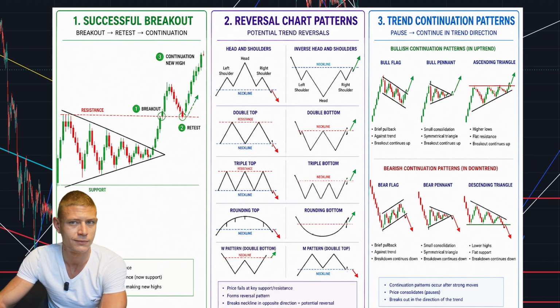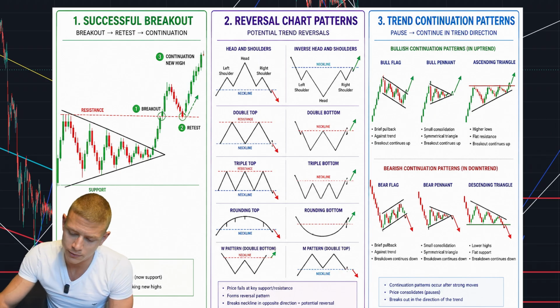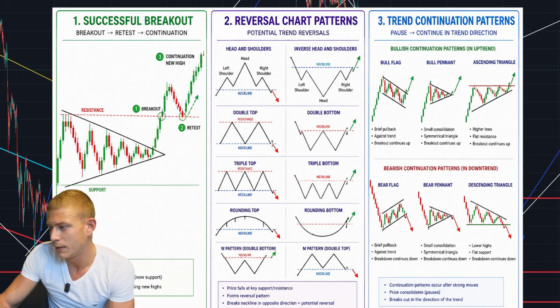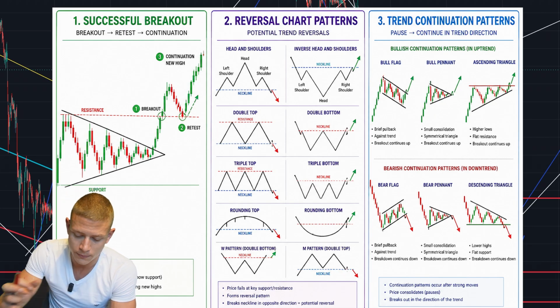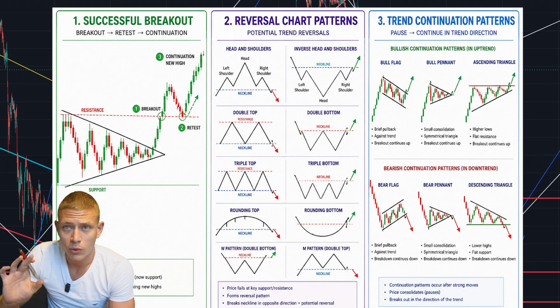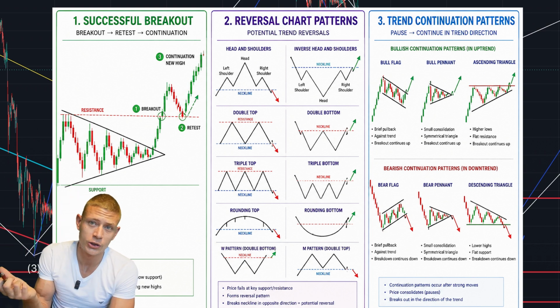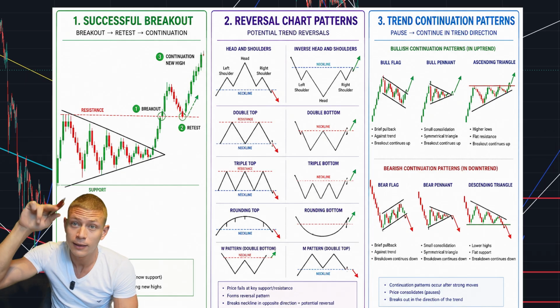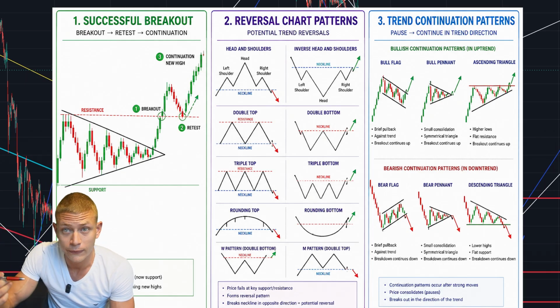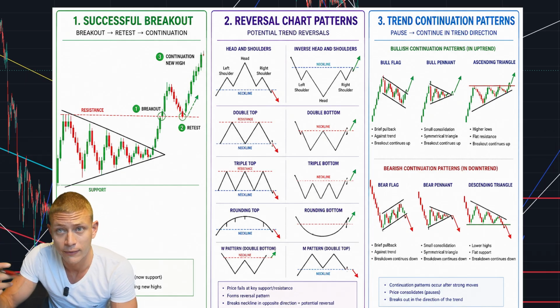But let's go over it step by step, okay? We really need to understand what we're talking about. So, independently of whether we're talking about support or resistance, here on this picture it's shown that there is a breakout to the upside, then a retest, and then a confirmation, but the same concept applies obviously to the downside.